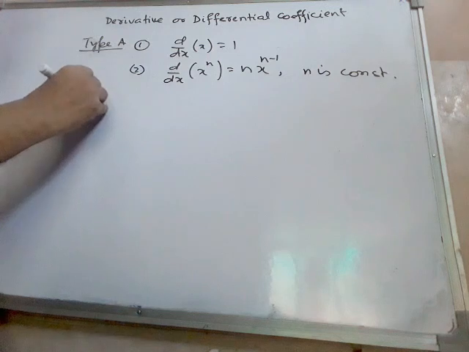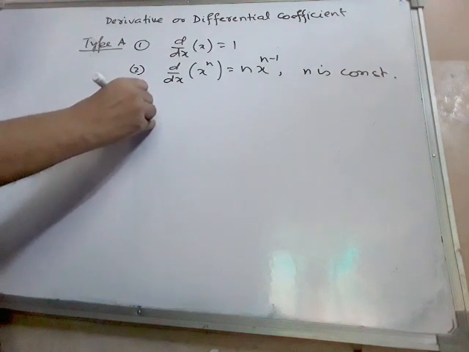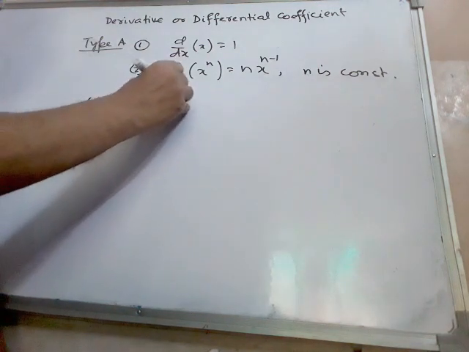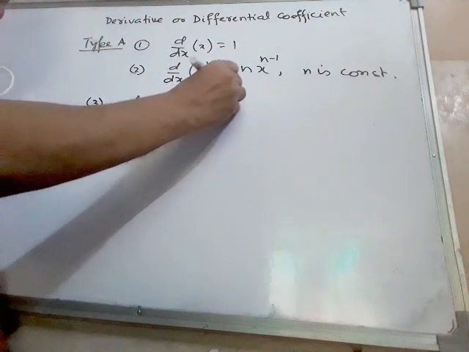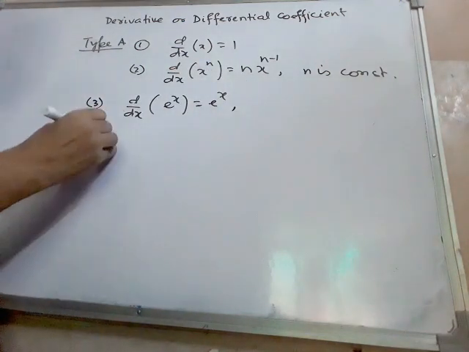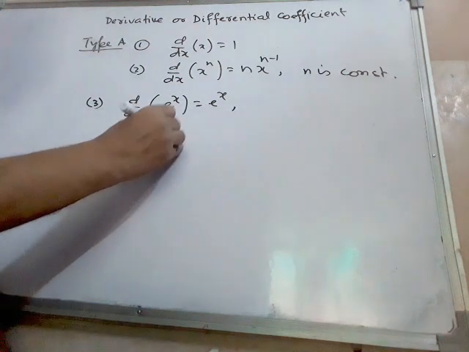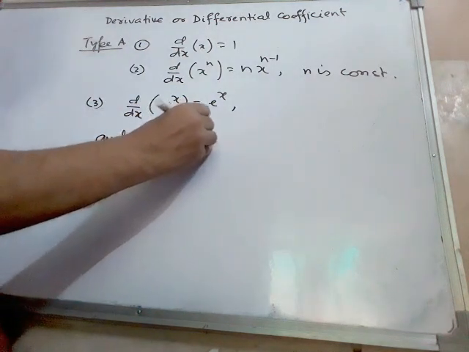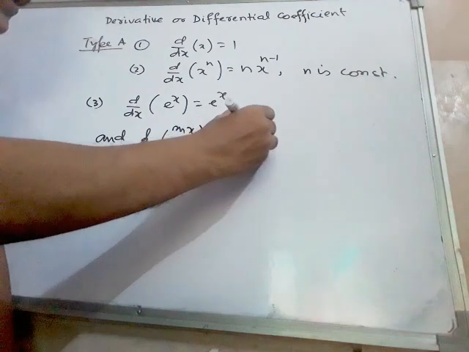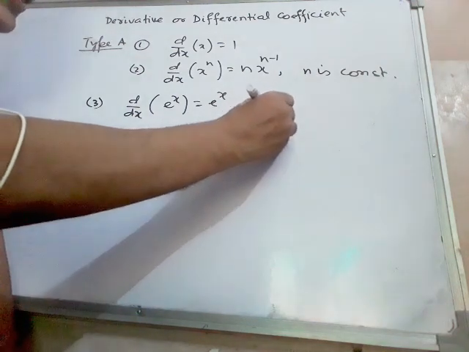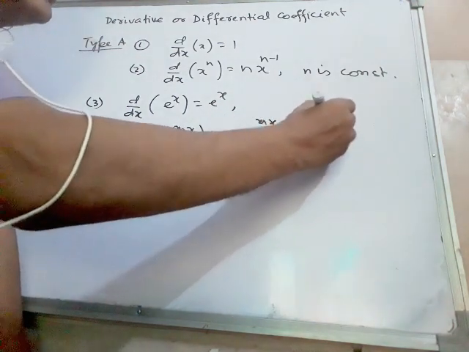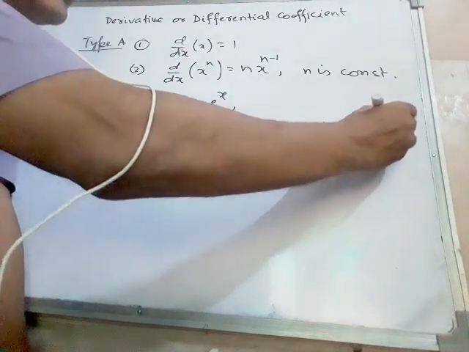Number 3: d/dx of e to the power x equal to e to the power x, and d/dx of e to the power mx equal to m e to the power mx, where m is a constant.